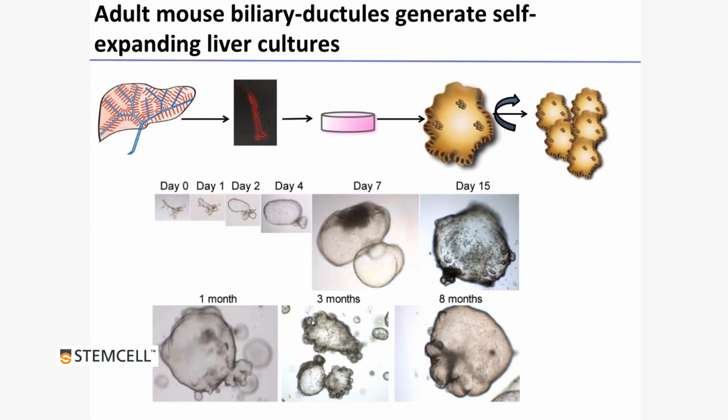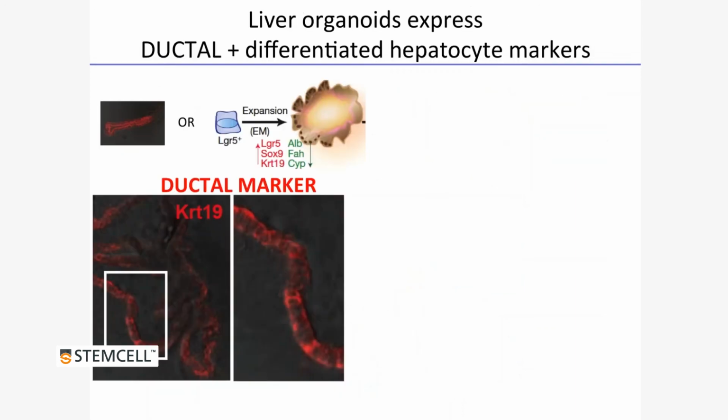The next question, of course, was what are these cultures? As I mentioned already, these cultures express stem cell markers, but mainly they are ductal-like structures. As you can see here, this is a single layer epithelium of columnar cells that are positive for the duct marker keratin 19.